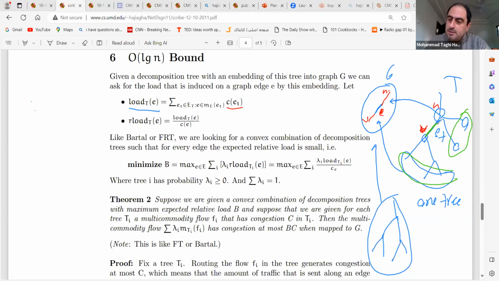The set of edges going from this side to this side in the graph, all such edges would be the capacity of this edge. So this capacity is fixed. So capacity, we know that.